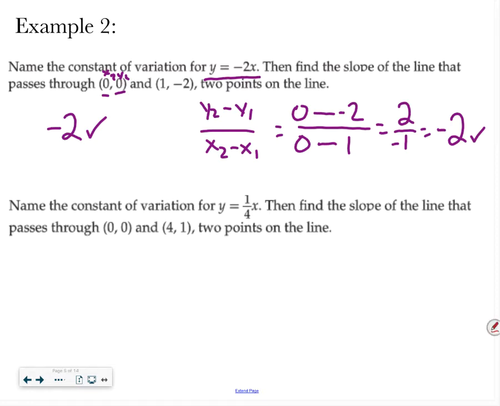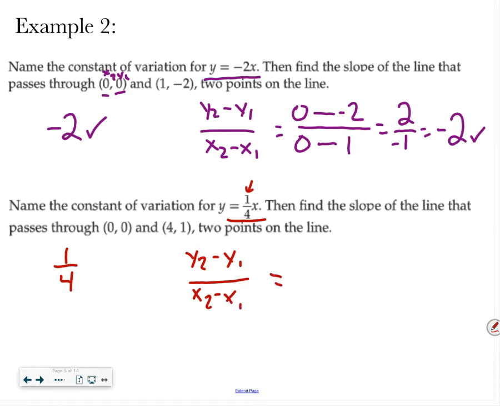Next, we want to name the constant of variation for y equals 1/4 x. So I already have my equation, so I know my constant of variation is that number connected to my x, so that should be 1/4. And hopefully when I figure out my slope, I end up with the same number, but let's double check.